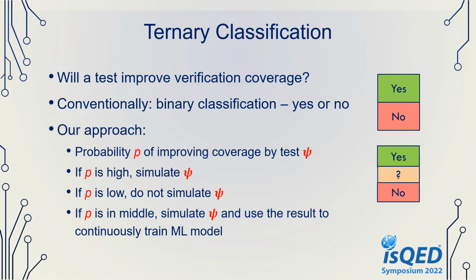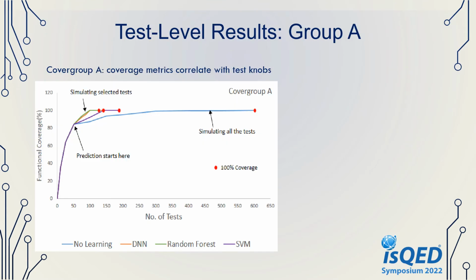If it is high enough, the answer is yes, we simulate that. And if that's not, then we do not simulate. If it is in the middle case, we still simulate. And at the same time, we apply this simulation result to continuously train the machine learning model.